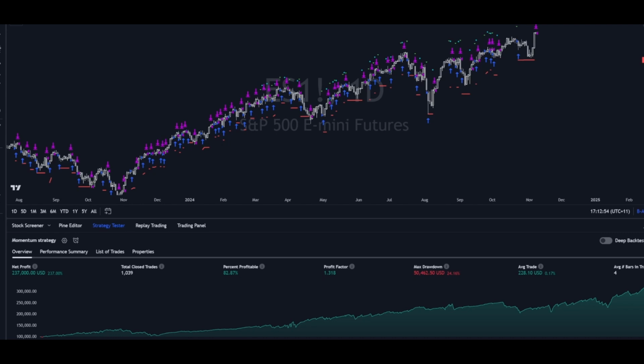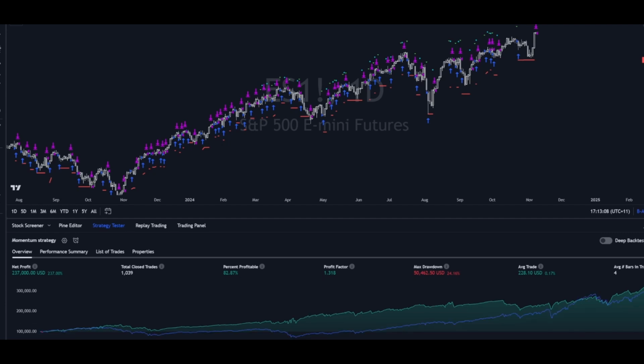The average trade size a little bit low at $228, but due to the frequency, we are in and out relatively quickly with an average trade time of only 4 trading days. This one was doing quite well against buy and hold, but buy and hold has since come back and it's running pretty neck and neck. So this may be another strategy that needs a little bit of optimization.